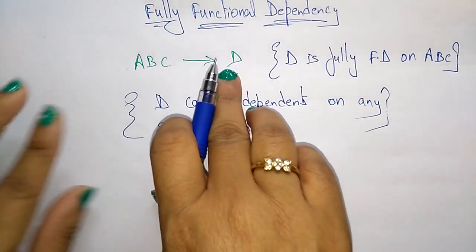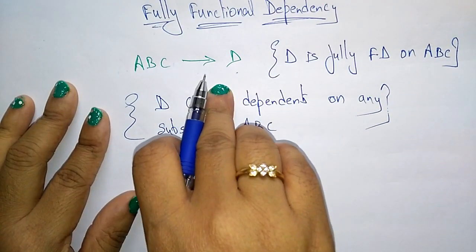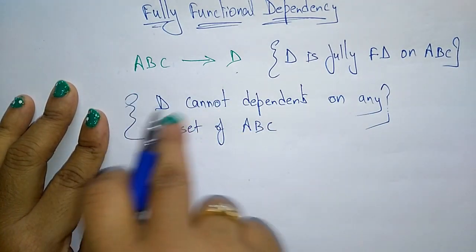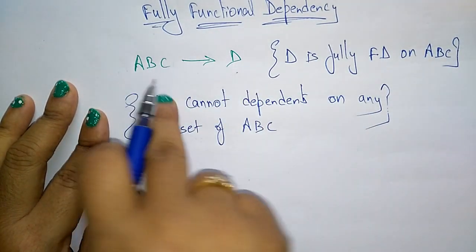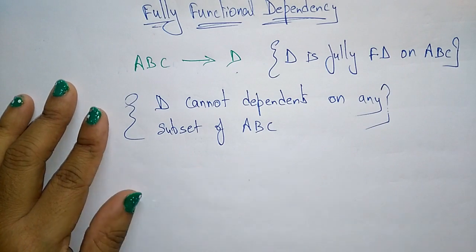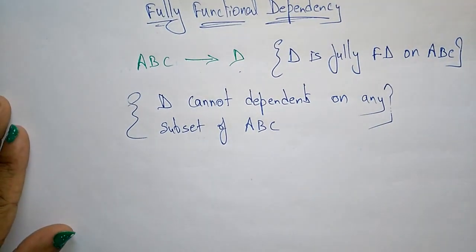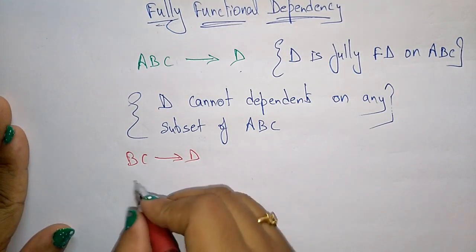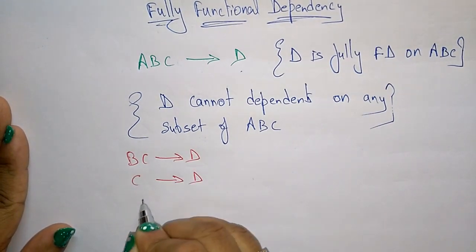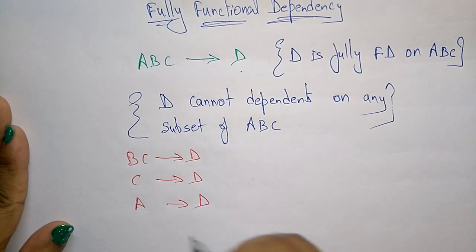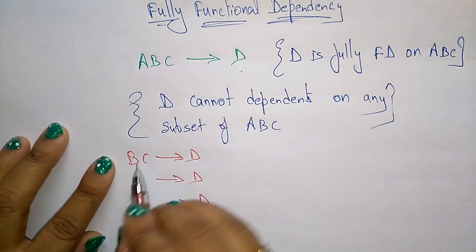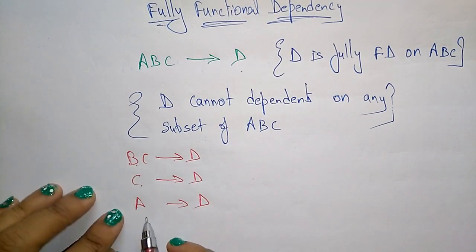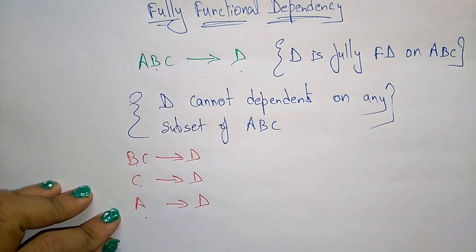Whenever D is fully functional dependent on ABC, D cannot depend on the subsets of ABC. The subsets of ABC are, suppose, BC determines D, C determines D, A determines D. So these are the subsets. BC is one subset, C is one subset, and A is one subset in ABC.